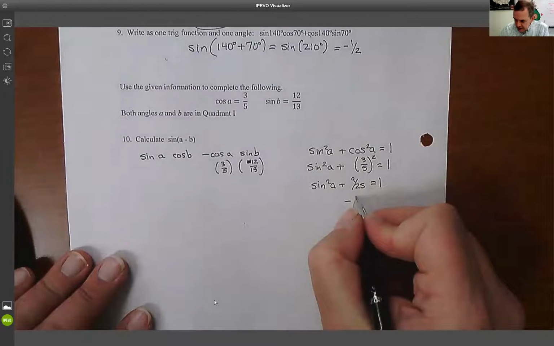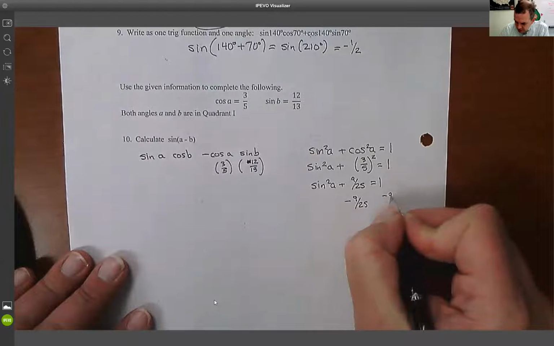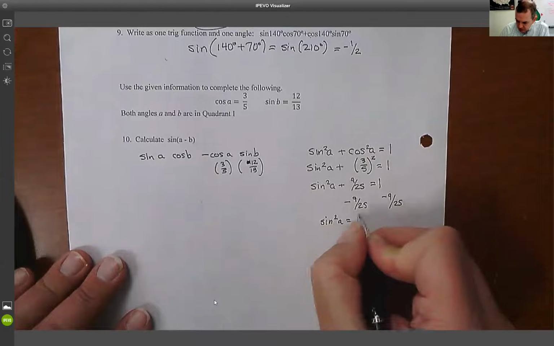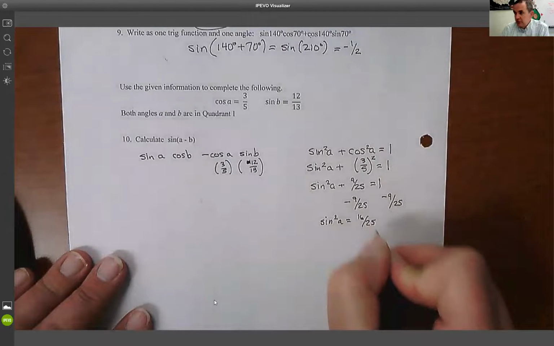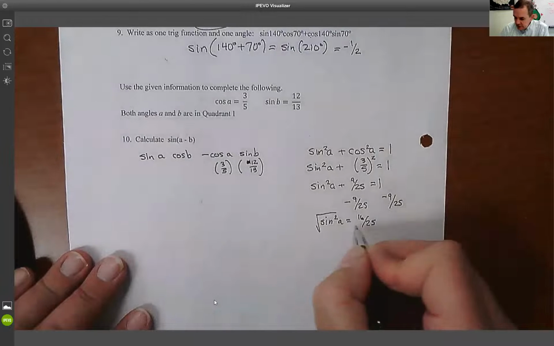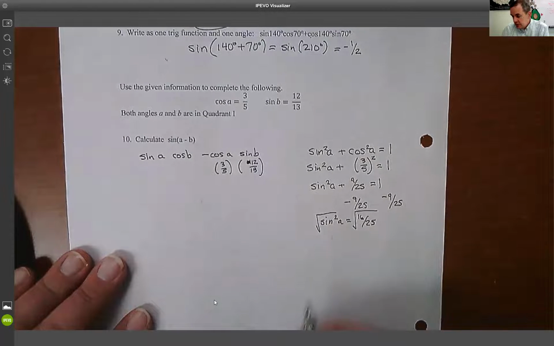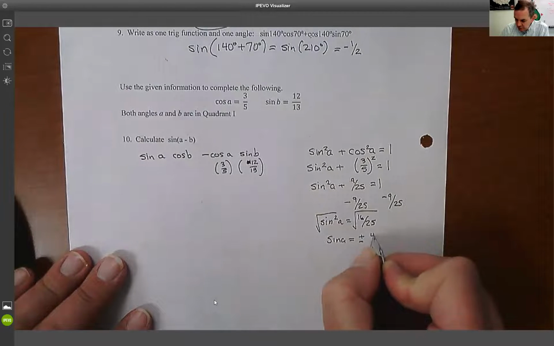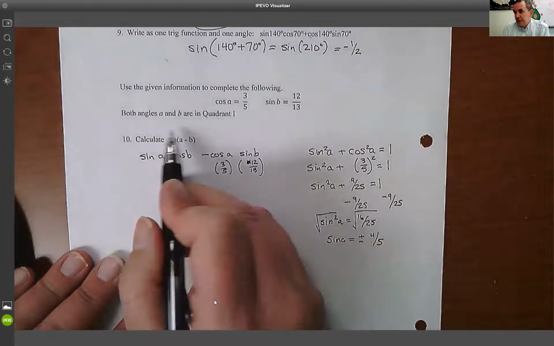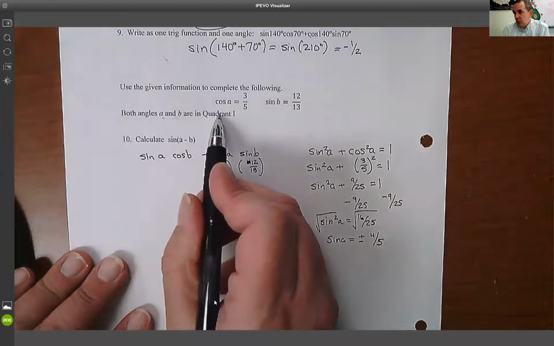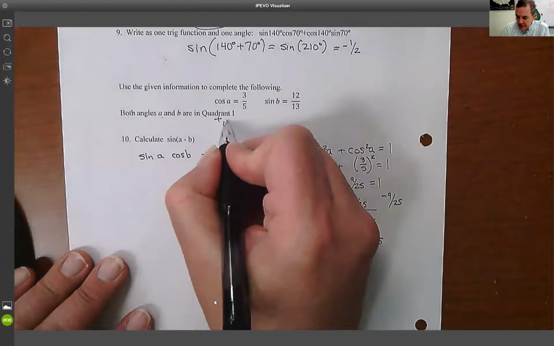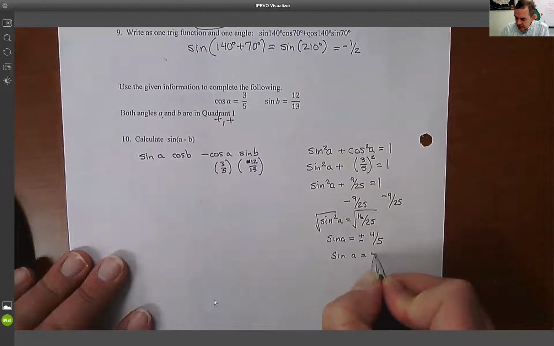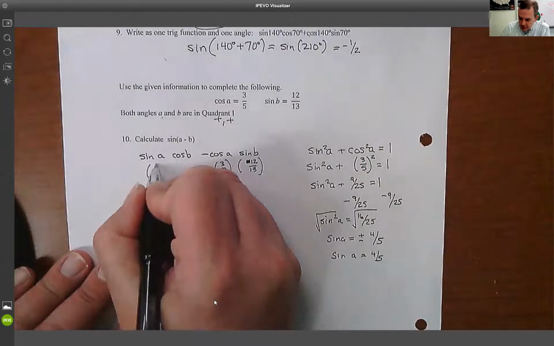I subtract 9/25 from both sides, and I get sine squared a equals 16/25. I take the square root of both sides. That tells me that sine a is going to equal plus or minus 4/5. But since a is in quadrant 1, where it's positive, positive, I know that sine a is going to equal the positive 4/5. So I know that this is 4/5.